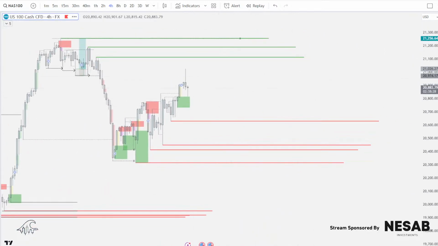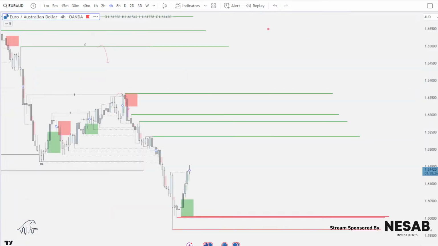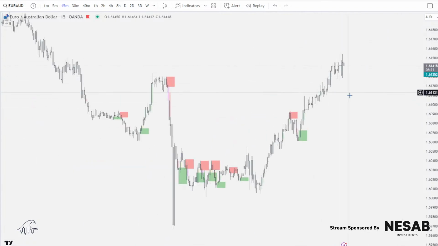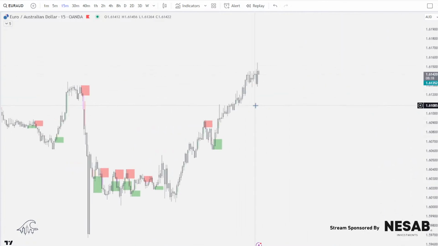We'll see. Got alerts for that as well. Euro A, we're still waiting for that gap to form. We do have an alert on this, I believe, so we'll know if it decides to move.